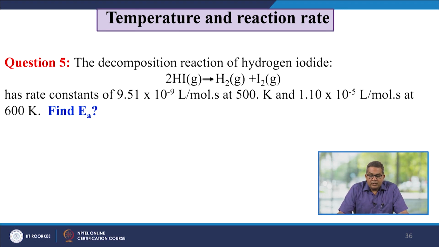Let us talk about another example, and that is question number 5. The decomposition reaction of hydrogen iodide, 2HI in the gaseous form, is given as 2HI equal to H2 plus I2.